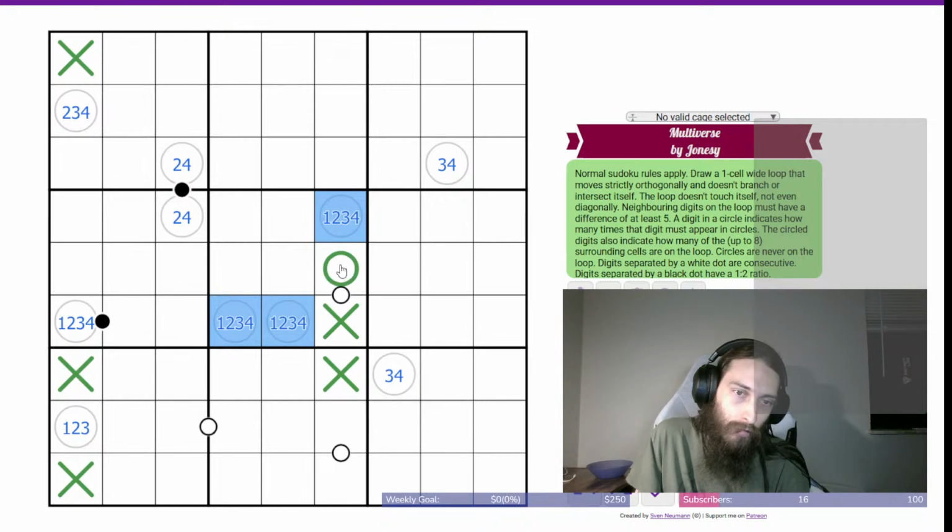This one would have to go like that. That one would have to go in one of these two directions. I guess it could technically go through those three and be a 1 here.